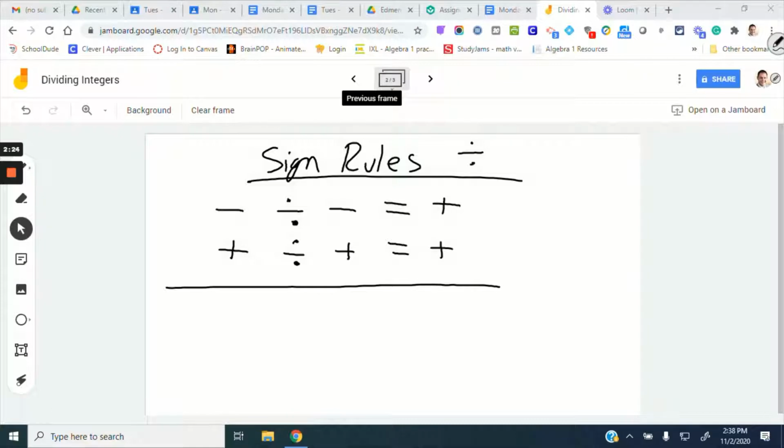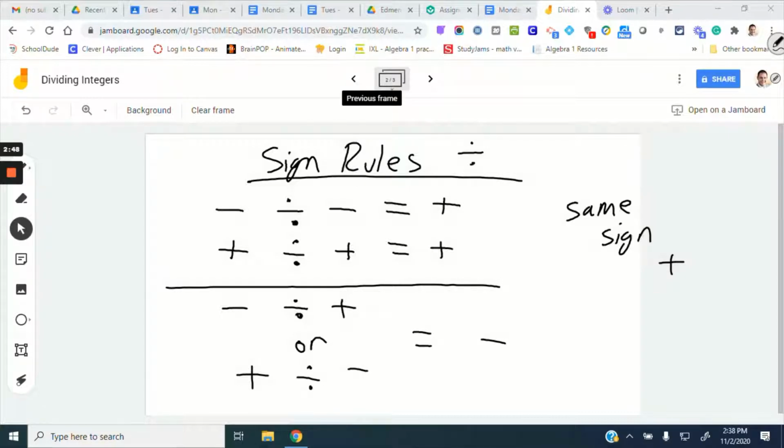So just like multiplication, if your two numbers have the same sign when you're dividing, your answer is going to be positive. And finally, if we have a negative divided by a positive, or a positive divided by a negative, that's going to be negative. So if one of your numbers, the dividend or divisor, is negative, that makes your overall answer negative.